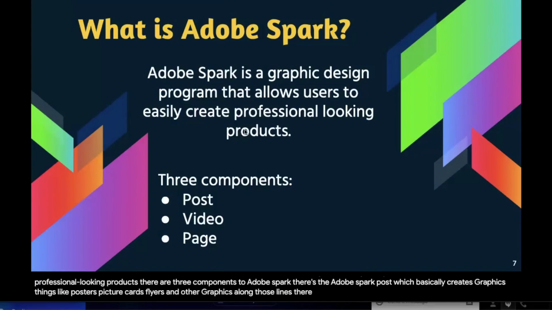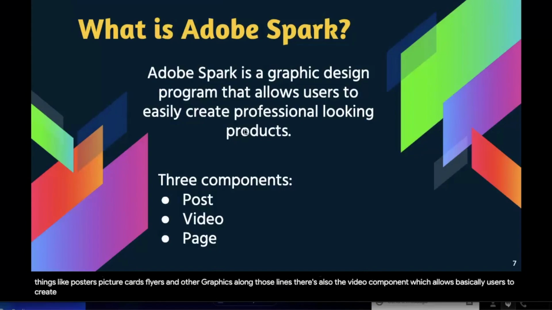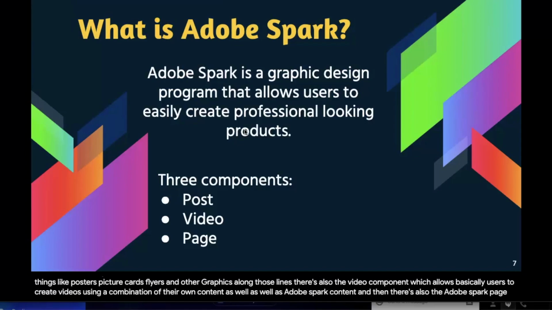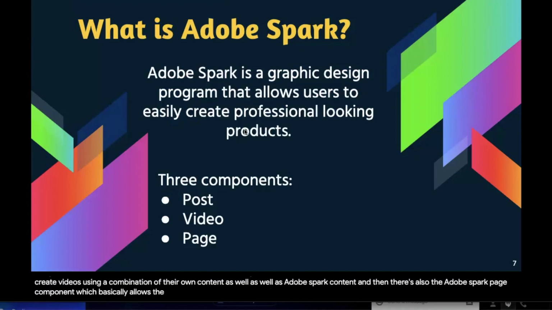There's also the video component, which allows users to create videos using a combination of their own content as well as Adobe Spark content. And then there's the Adobe Spark Page component, which allows the creation of web-based websites.